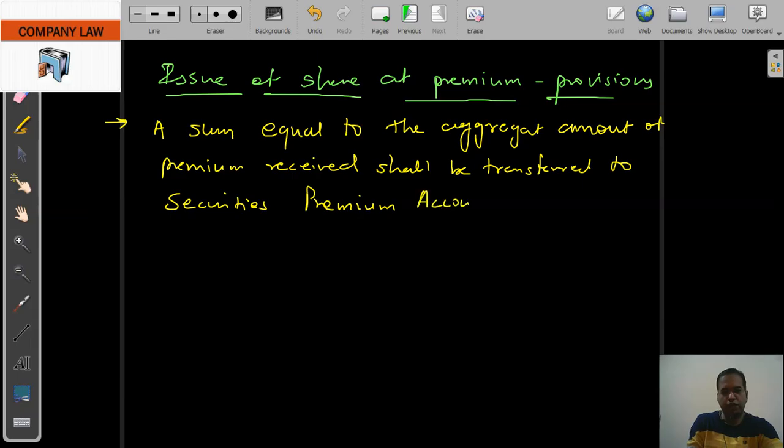So this is the specific account which a company has to maintain, and the funds whatever received as a premium should be transferred over here.